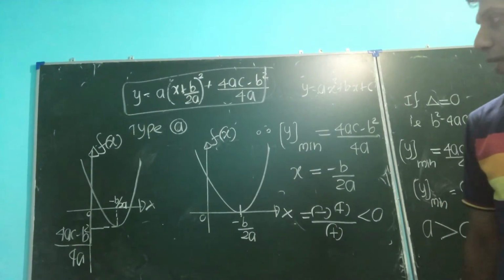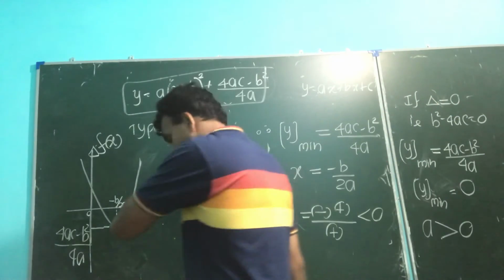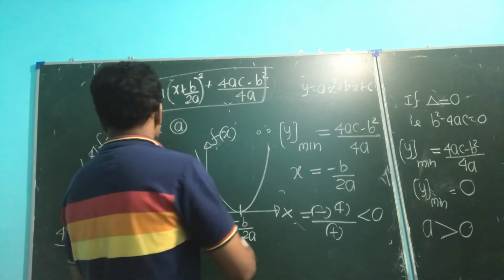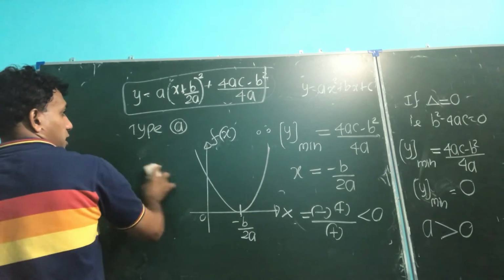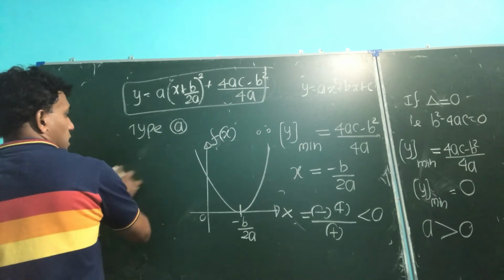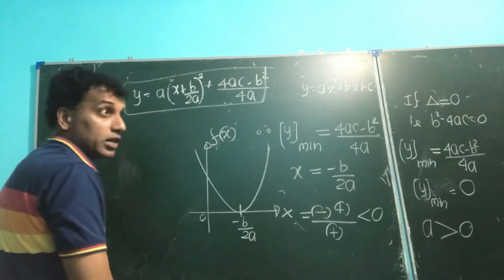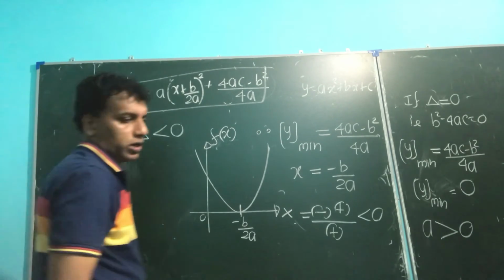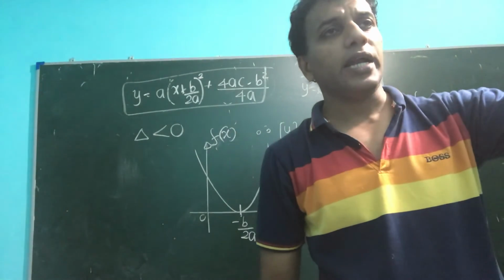Next, type A, B, C. Type C. Write this: if delta less than 0. Type C, right? If delta less than 0, the discriminant, what we learn in the quadratic equation, delta negative.